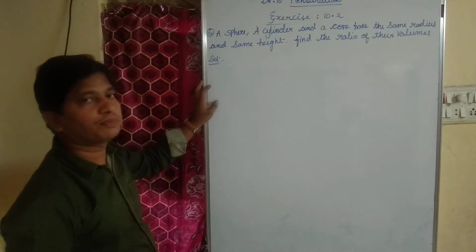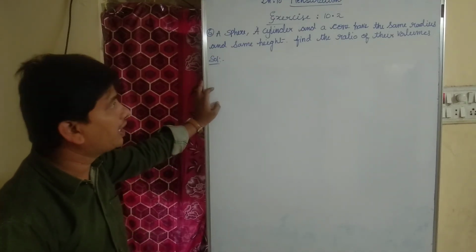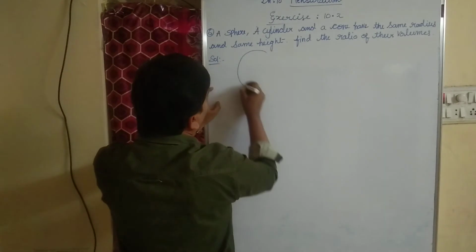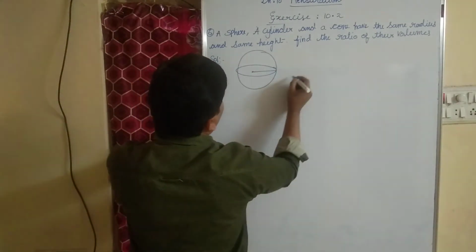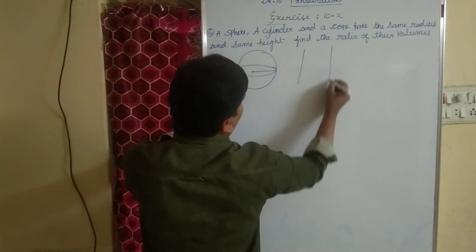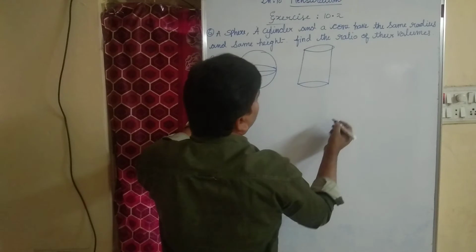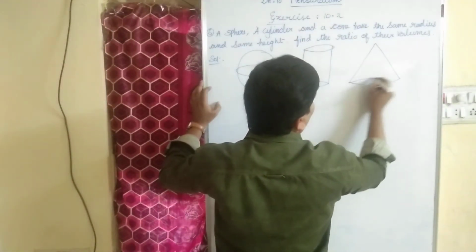Now coming to the sixth problem. A sphere, a cylinder and a cone have the same radius and the same height. We have three solids: sphere, cylinder and the cone.